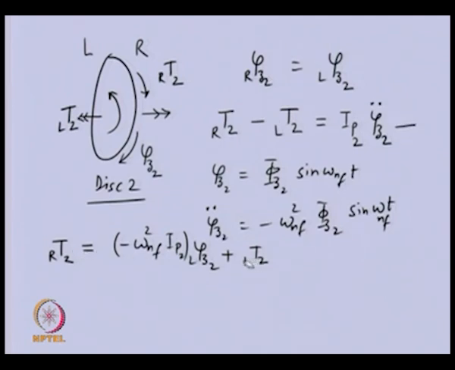So, this is one equation and this is the second equation. You can see carefully that these two equations relate the field variables on the right side and the left side of the disk. This is the displacement and this is the torque.